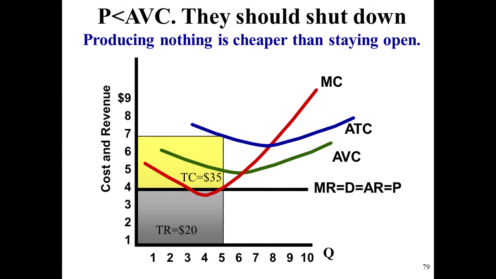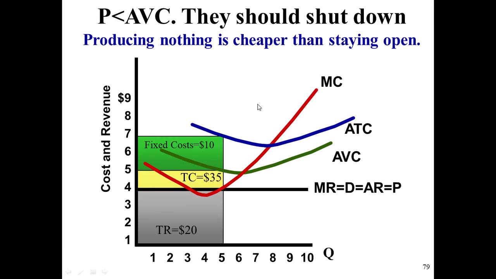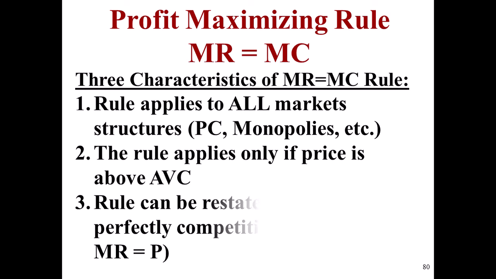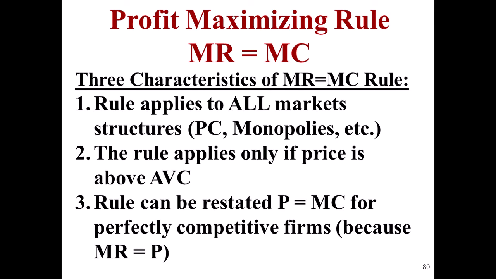But if they shut down, they're only losing $10, which are their fixed costs, maybe paid for machinery, rent, stuff like that. So it's cheaper for them to shut down. So remember, the marginal cost equals marginal revenue profit maximizing rule applies for all market structures only if price is above AVC, because if it's below AVC, they're just going to shut down and don't make anything. You minimize losses by just shutting down.